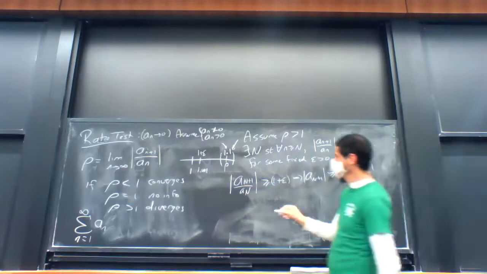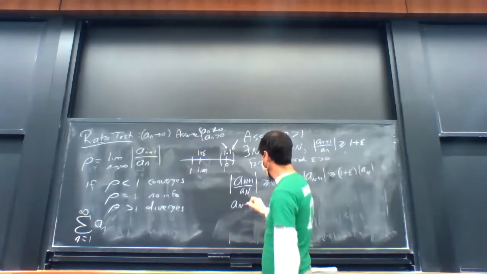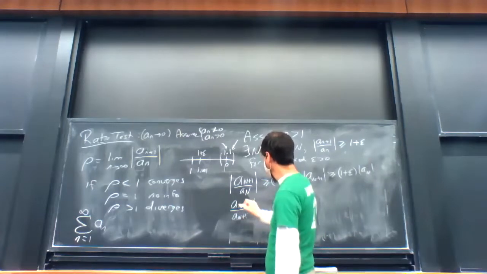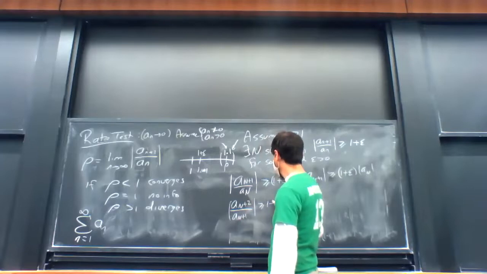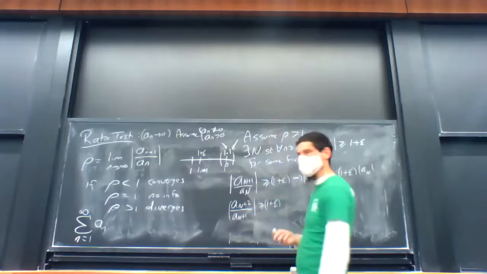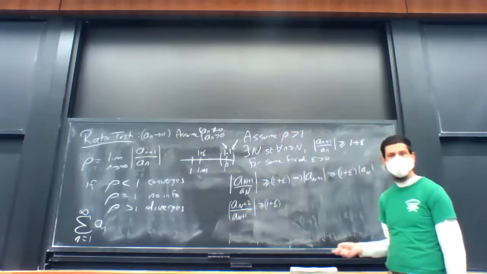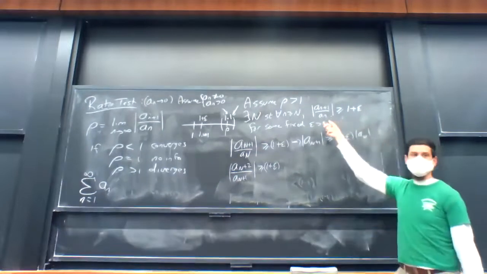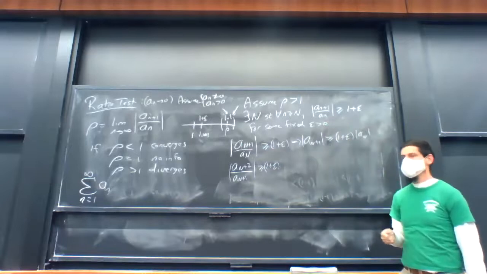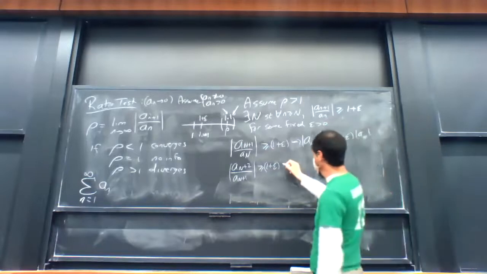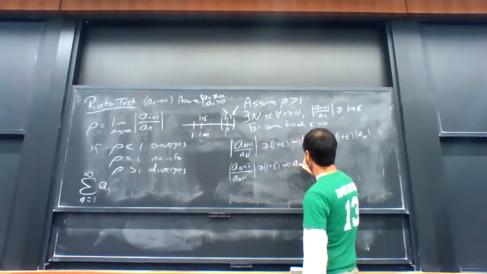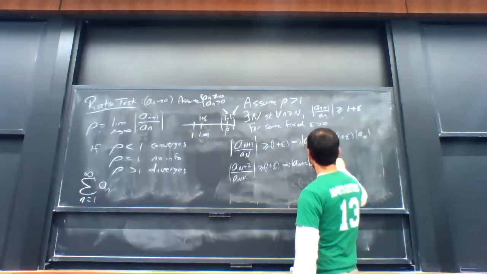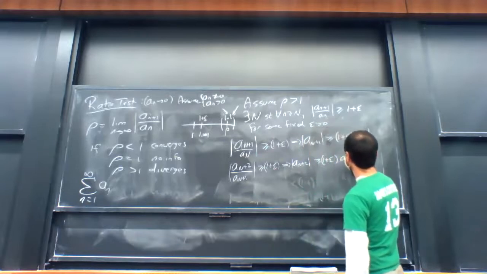Now let's look at a_{N+2}. So |a_{N+2}| over |a_{N+1}| is also greater than or equal to 1 plus epsilon. Right? Because we're told that the limit converges to rho, and so eventually it's greater than 1 plus epsilon. So that means |a_{N+2}| is greater than or equal to 1 plus epsilon times |a_{N+1}|.